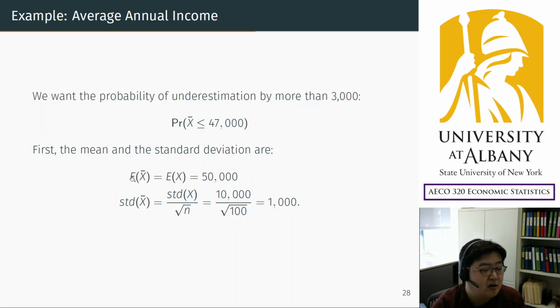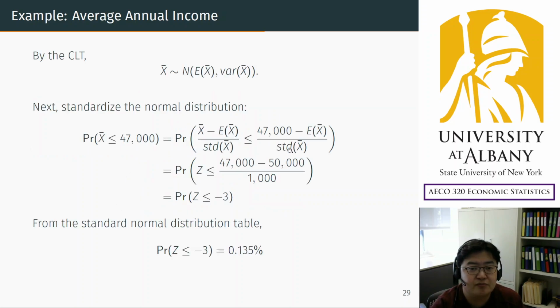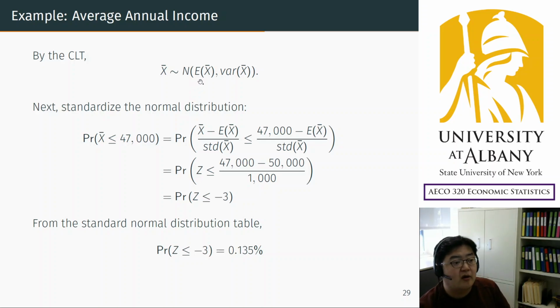We just learned the parameters for the normal distribution. This variable is approximately a normal distribution with these parameters. So by the central limit theorem, which means it is approximately normal, then you know how to use this. We learned how to calculate probability for a non-standard normal distribution.